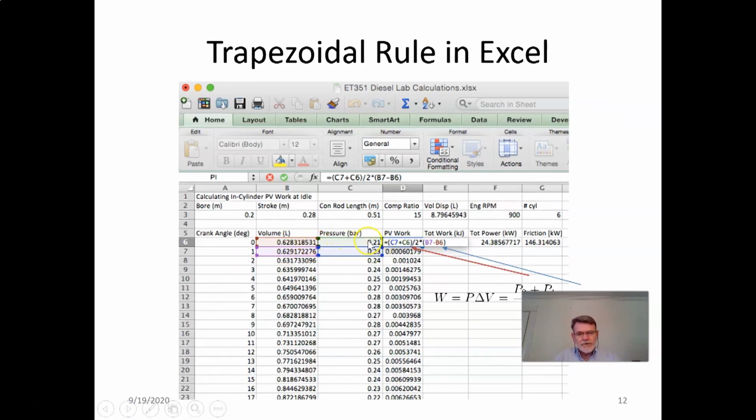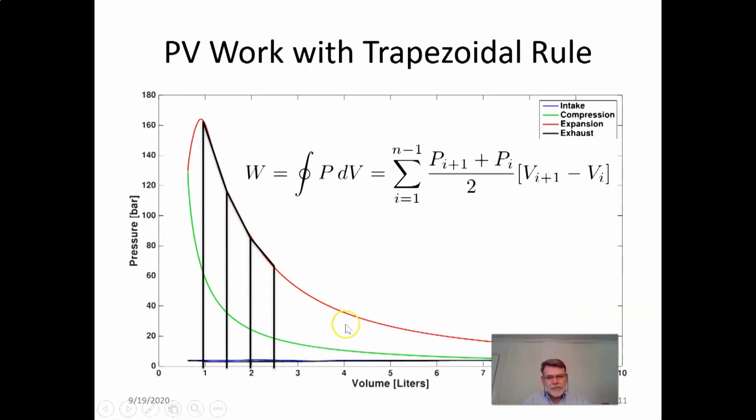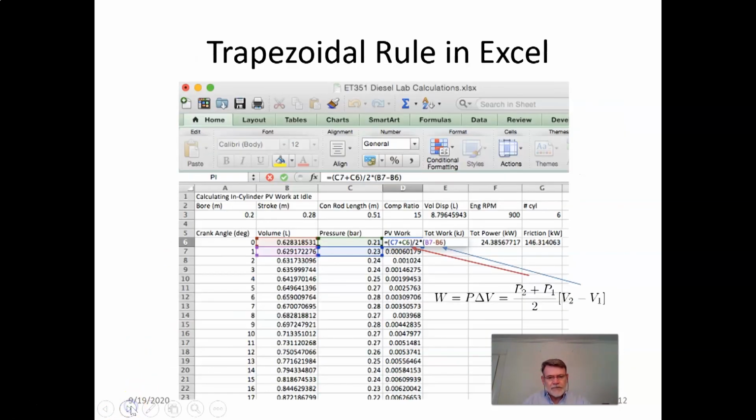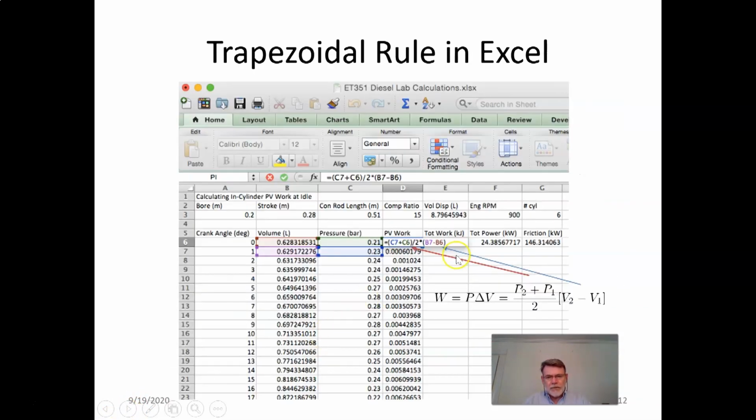The pressure is provided, and comes from actual measurement. And then you see here the work, the PV cycle work, which is our area under the curve. That one comes from that expression here, which is related to the trapezoidal rule. If you look at the way the cells are calculated, you've got C7, C6 here.